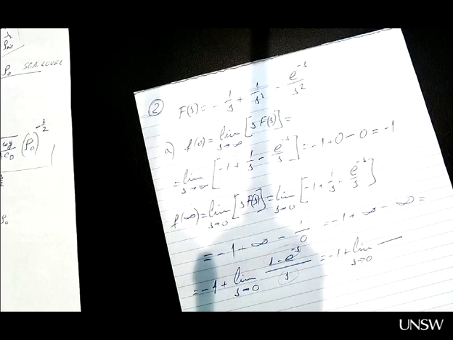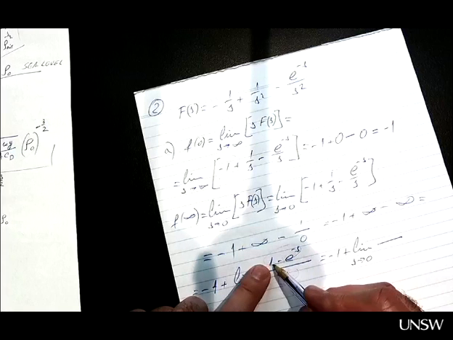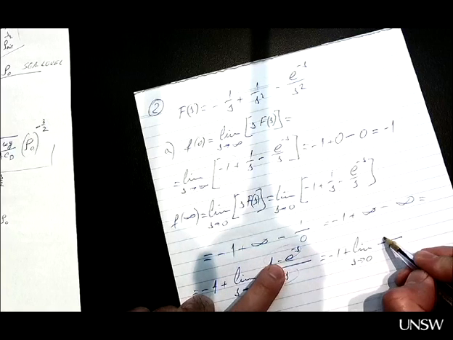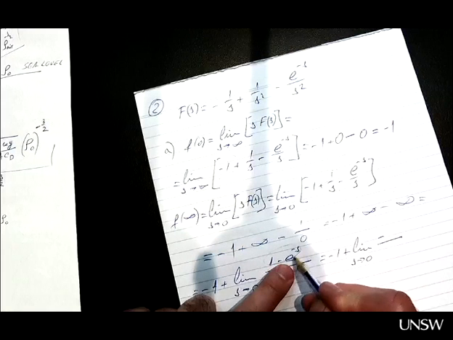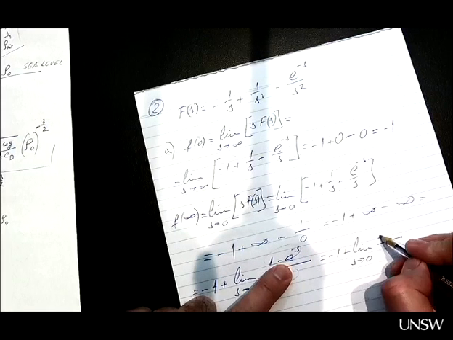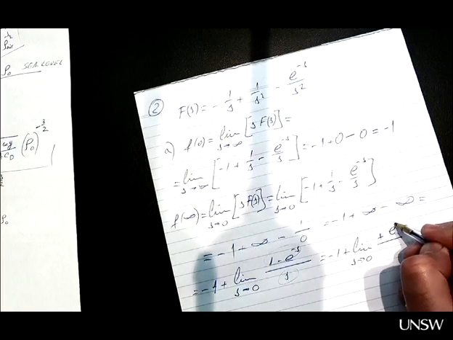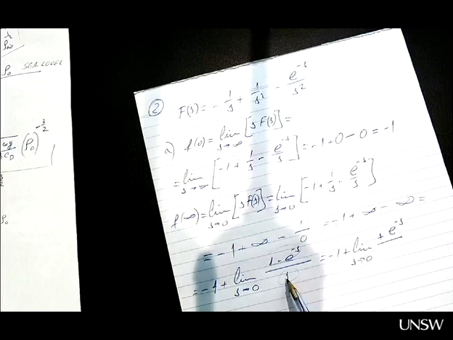That's L'Hopital's rule. Derivative of 1 is 0. Here we have minus. Derivative of e to the minus s, because of the minus I'm going to get plus e to the minus s. Derivative of s is 1.